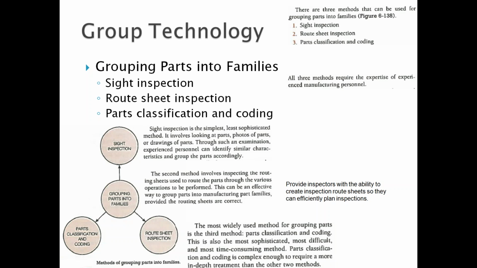The second method involves inspecting the routing sheet, used to route the part through the various operations to be performed. So we're going to have to provide the inspector with the ability to create an inspection routing sheet so they can efficiently plan their inspection. It can be an effective way to group parts into manufacturing part families, provided the routing sheets are correct.